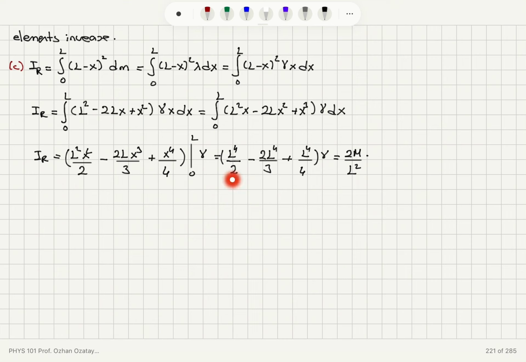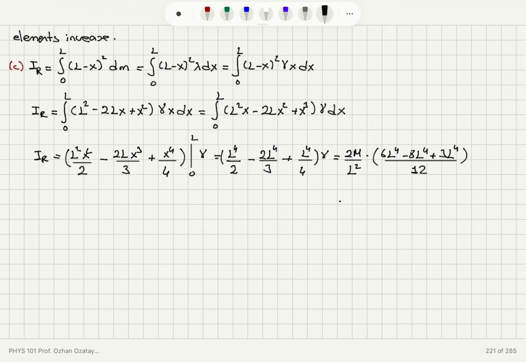So this has to be multiplied by 6, 6L to the 4 over 12. So I will have 6L to the 4. And multiply this by 4 to make 12, 8L to the 4 over 12. So minus 8L to the 4. And plus 3L to the 4 divided by 12, common denominator.